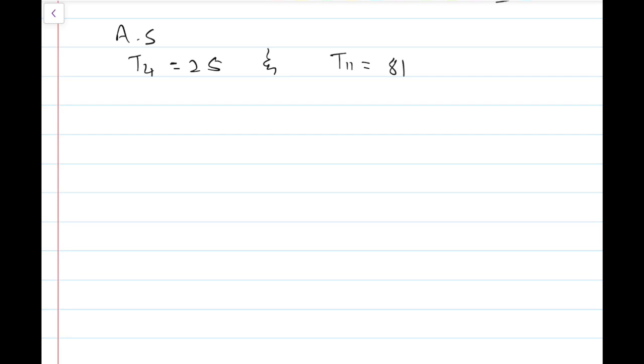What we need to do now is calculate the general term. If they say general term, it's basically the Tn formula. They want the Tn formula. So how do we start off with this? Simple.